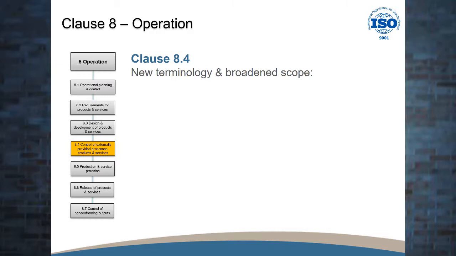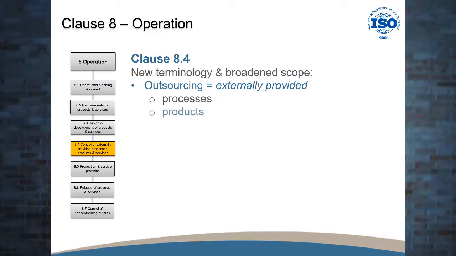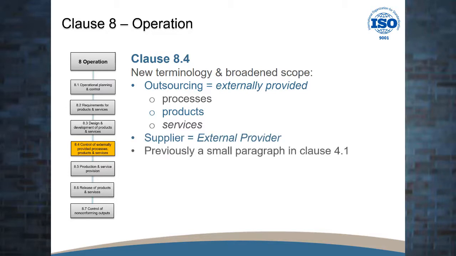8.4. This is what we used to call purchasing. So providing terminology, and there's a broadened scope here. So outsourcing equals externally provided processes, products, and/or services. Okay, and supplier now is external provider.